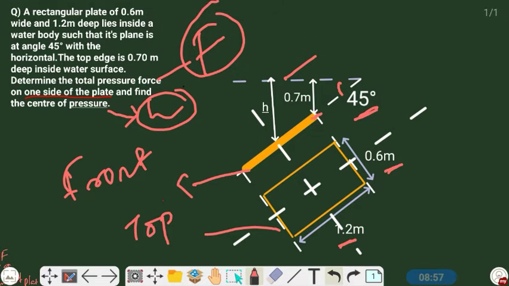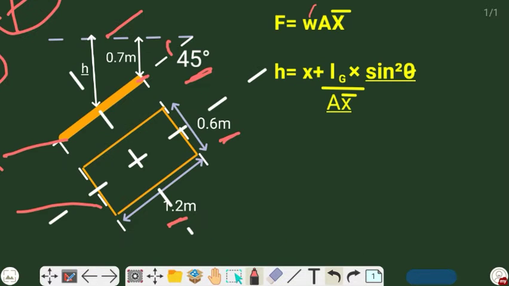Now let's write the formula again. This is the formula for hydrostatic force and this is the formula for center of pressure. Let's see what things we already know. We know W, which is rho of water times g.